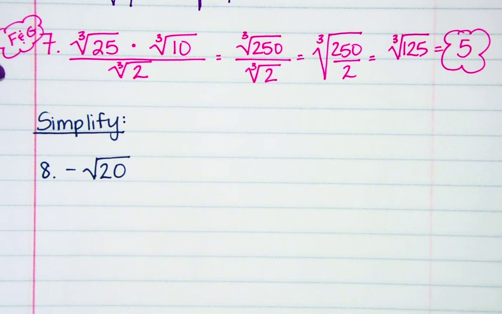All right, number 8. What can you do first? I would try it in the calculator. What do you get when you do it in the calculator? Negative 4.4.